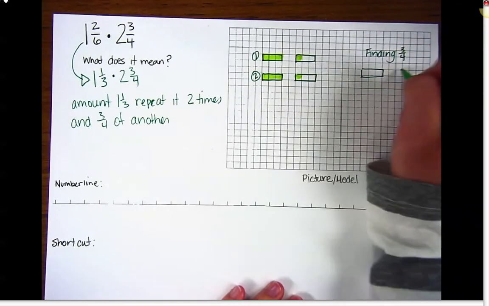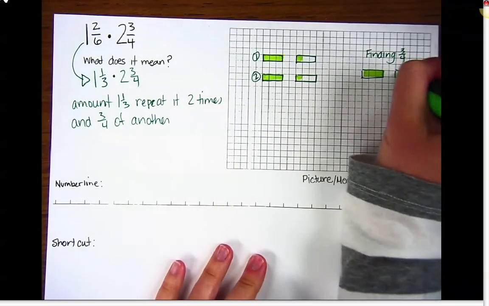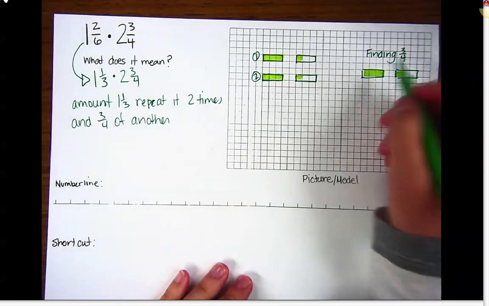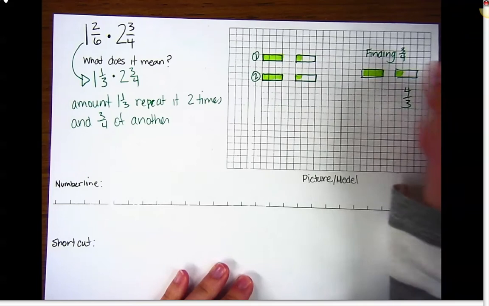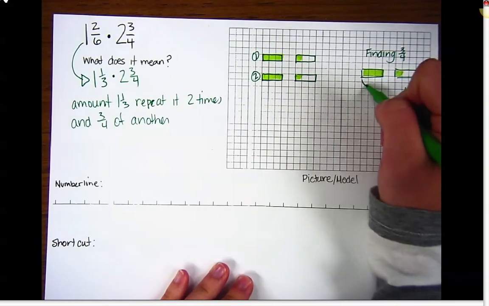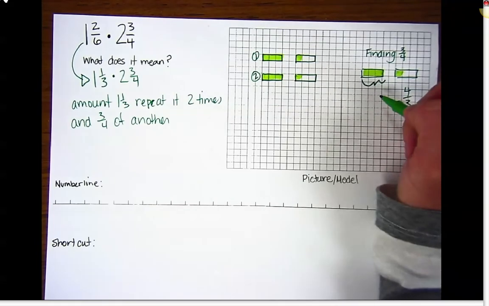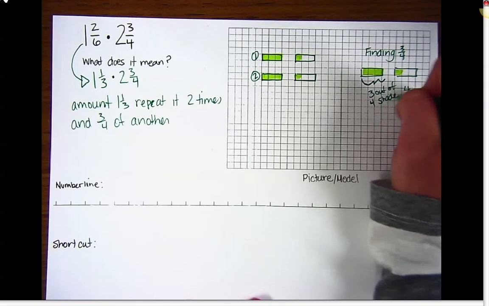So I'm going to redraw this. Well, how many pieces do I have? I have 4 pieces. I have 4 thirds. So 3/4 is going to be this amount. This is 3 out of 4 shaded pieces.